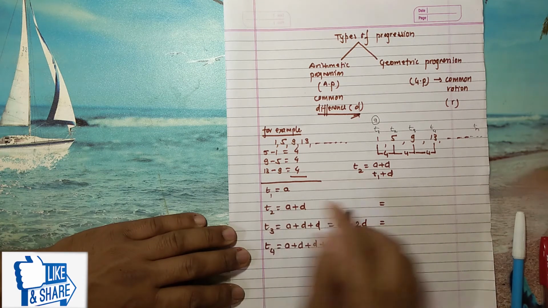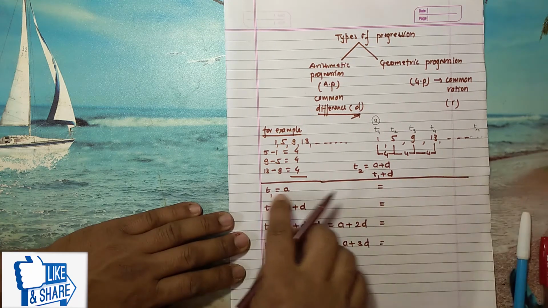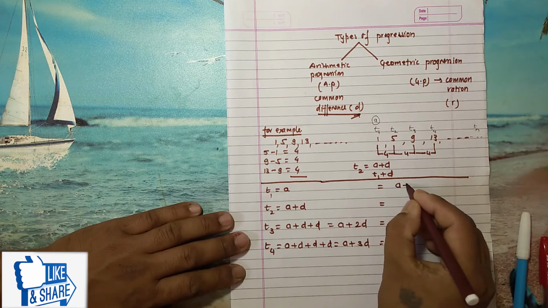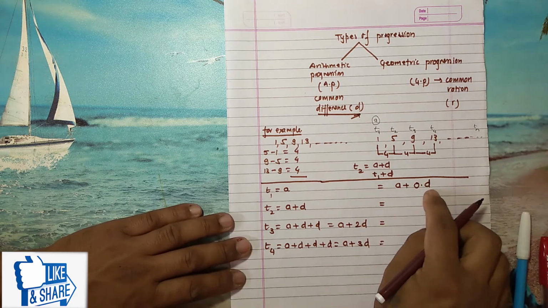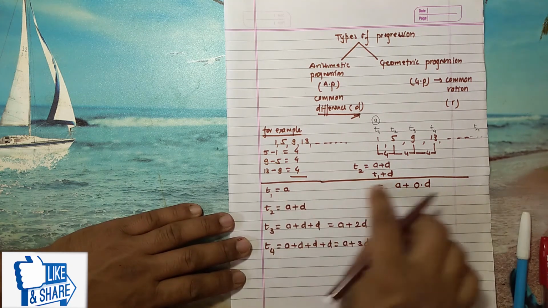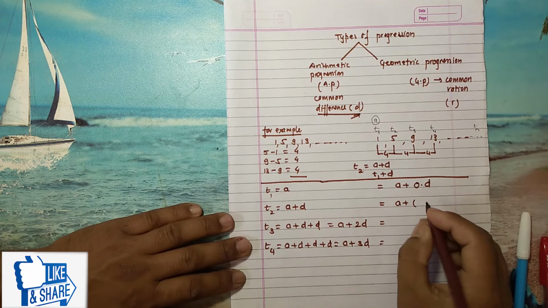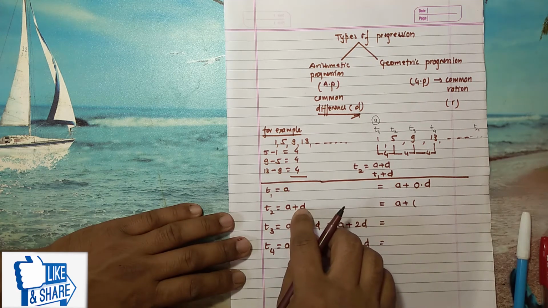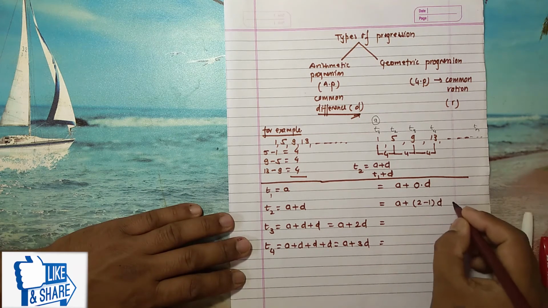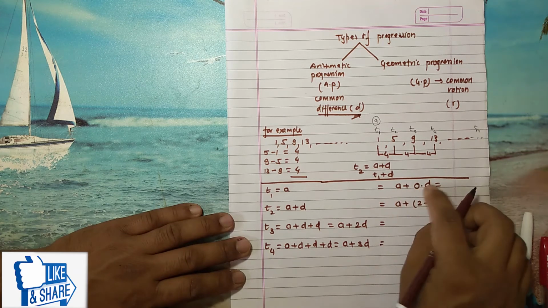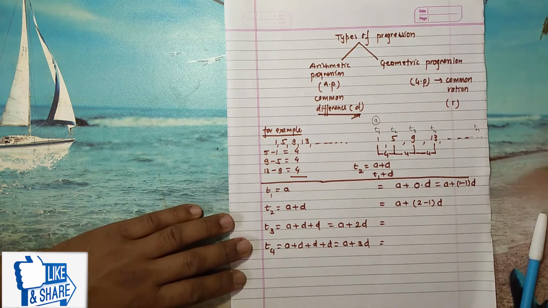See once again, T1 means A plus 0 times D. 0 times D is 0, and 0 plus A is A, no change. Here A plus 1D, which I can write as 2 minus 1 times D. Here A plus 0D means A plus 1 minus 1 times D; 1 minus 1 is 0.